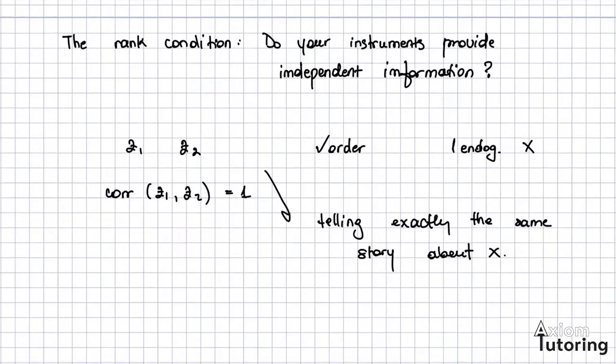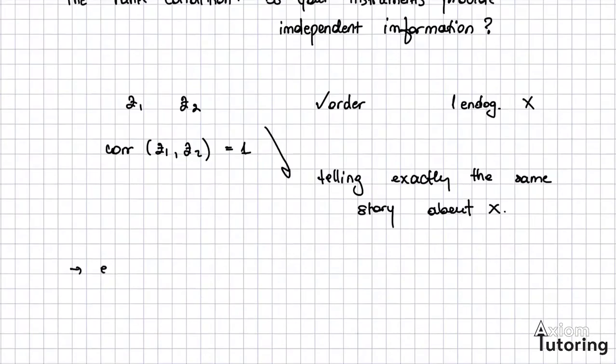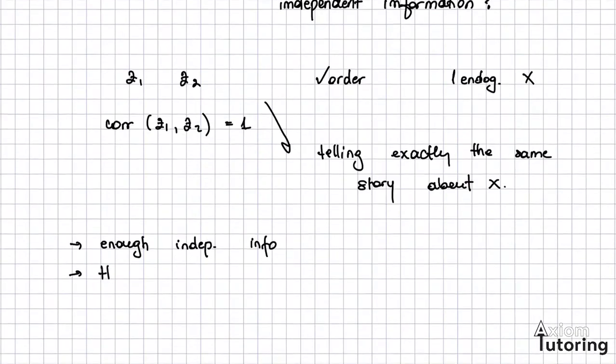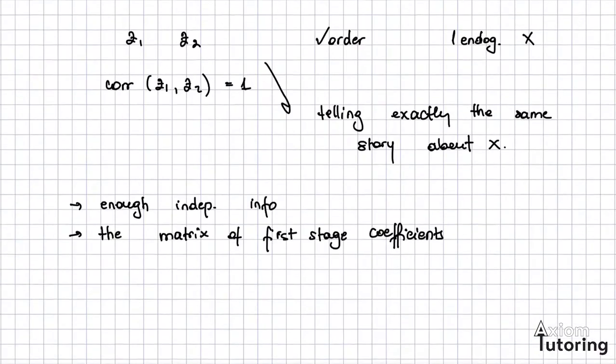More precisely, so enough independent information, or in other words, it requires that the matrix of the first stage coefficients must have full rank.